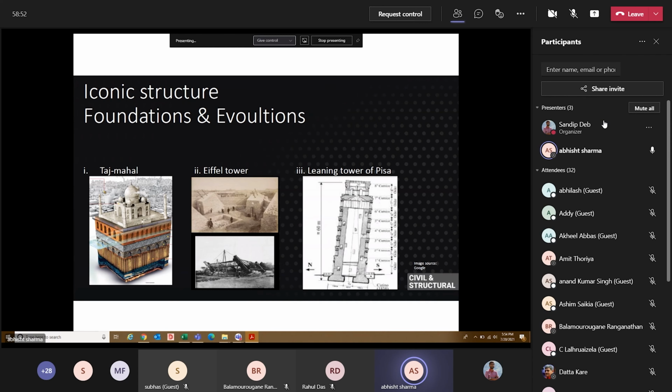So the soil strata is not very good because it's on the banks of the river, and not good enough to hold such a big structure. So they made some timber piles which go as deep as 10 meters, and that's how they constructed this.